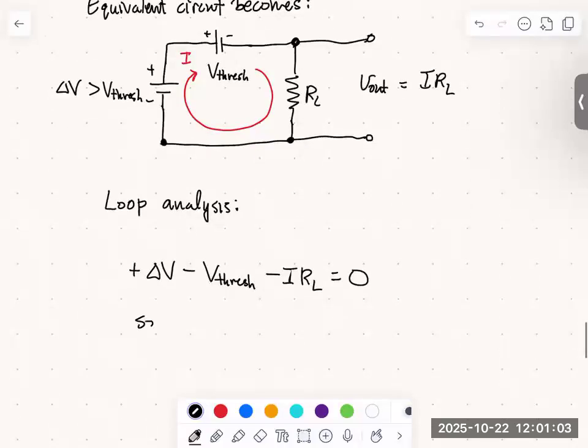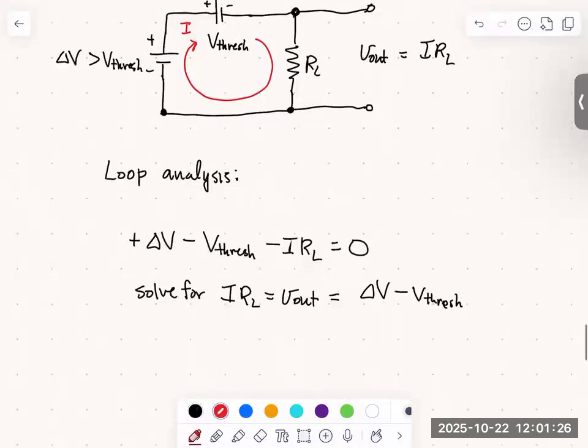So if we solve for IRL, which is equal to V out, that's just equal to delta V, the battery voltage, minus the voltage required to turn on our diode, V threshold. Okay, good.